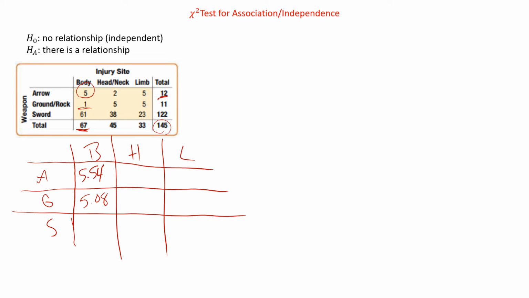Now, of your chi-squared values, the 5.54 will give you a smaller chi-squared, like that'll impact the chi-squared less than the 5.08, because we're looking at the differences between those. And then we can continue doing these. The 67 times 122 divided by 145 is going to be 56.37.